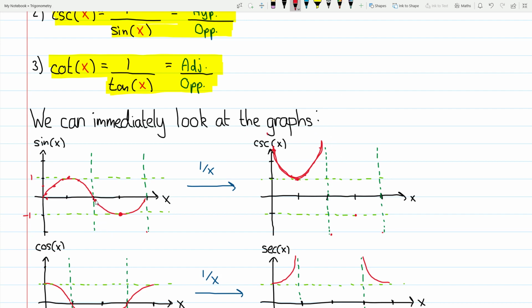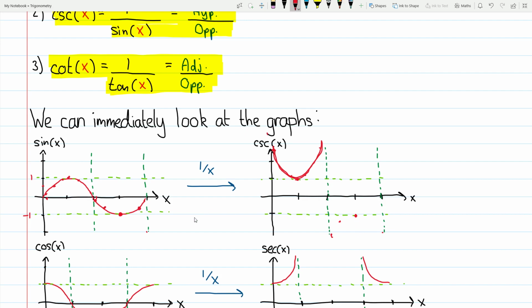But now notice here, we have a very, very small negative number. So that's going to be a very, very large negative number. Now we've got a somewhat small negative number, which gives us a somewhat large negative number. Here we get -1. Anything divided by -1 is just negative itself. So 1 divided by -1, when you reciprocate, gives you -1.